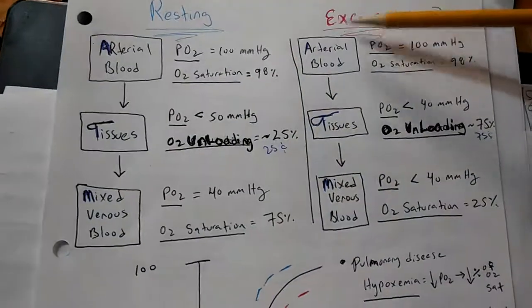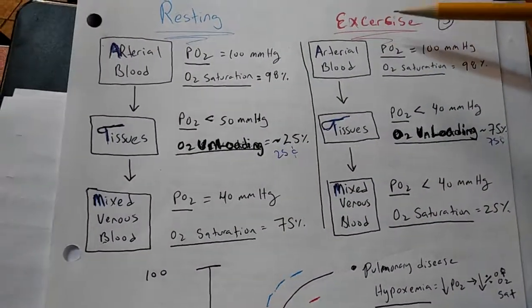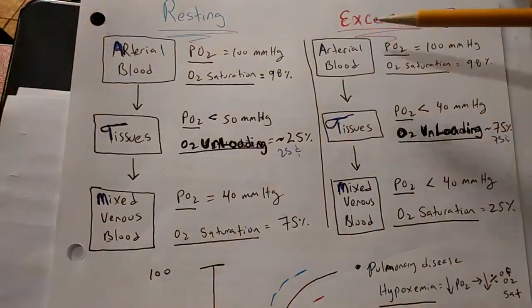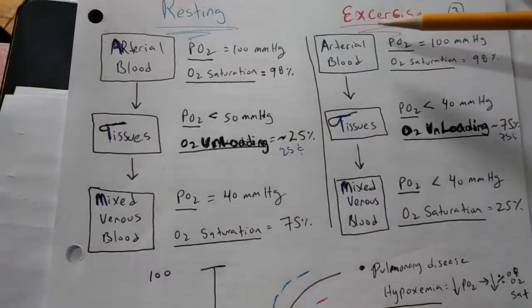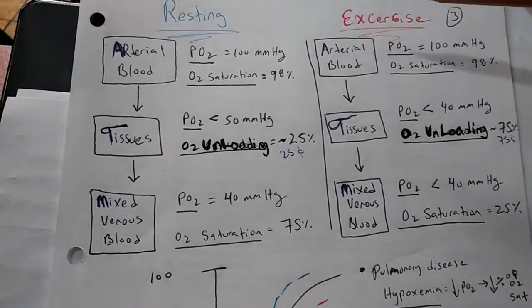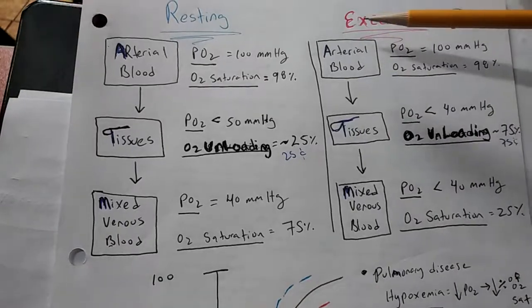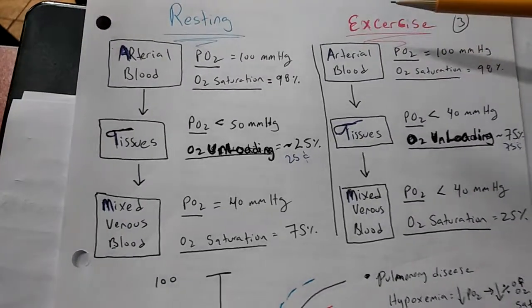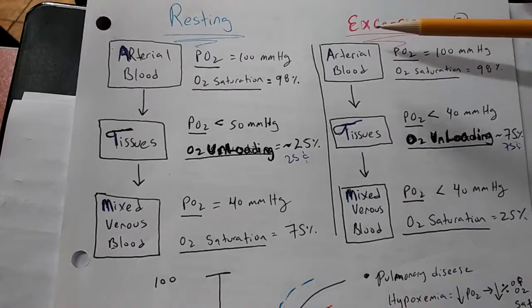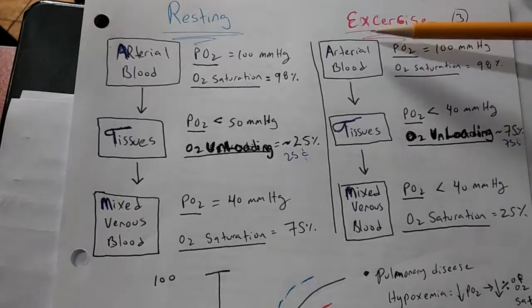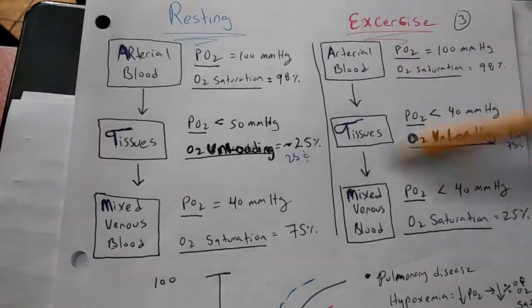So this is a diagram for exercising, but this could be exchanged for carbon dioxide. It could be exchanged for temperature. Use CADET. So for an increase in CO2, an increase in acidity, an increase in 2,3-DPG, an increase in exercise, an increase in temperature, this works. Okay, so now moving on.